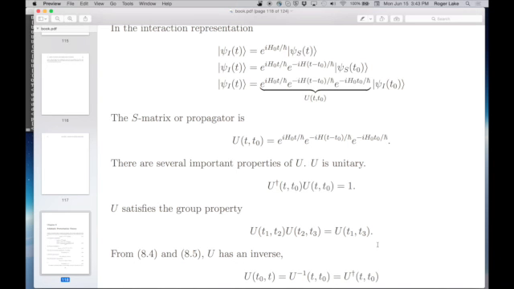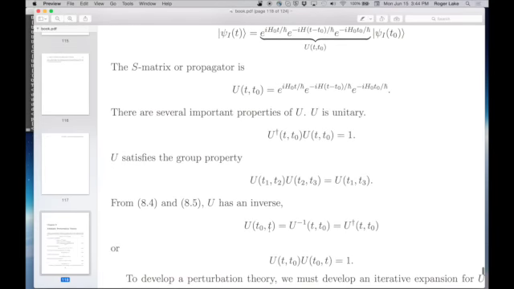And also, by flipping the t and t0, either from looking at the group property or looking at what it means to dagger it, it's probably easiest from the group property. U(t0,t) times U(t,t0) is just going to give you U(t0,t0), which must be the identity because you haven't propagated it anywhere.